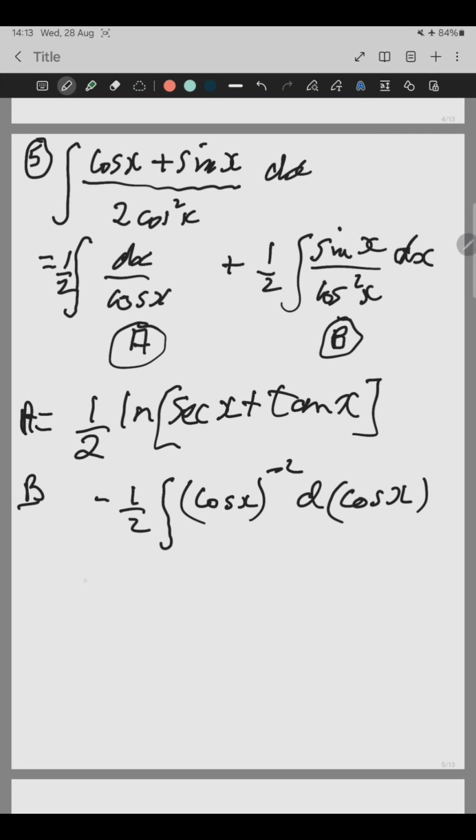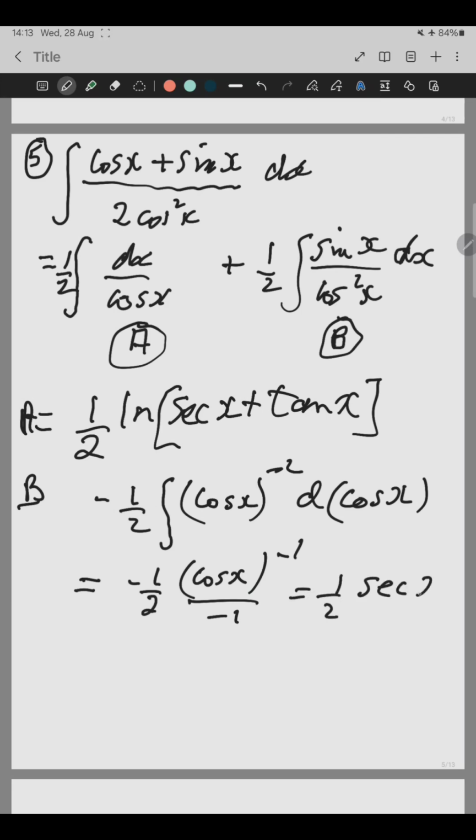Right, so that then is quite simply minus 1/2 cos x to the power minus 1 over minus 1, which is 1/2 secant x.